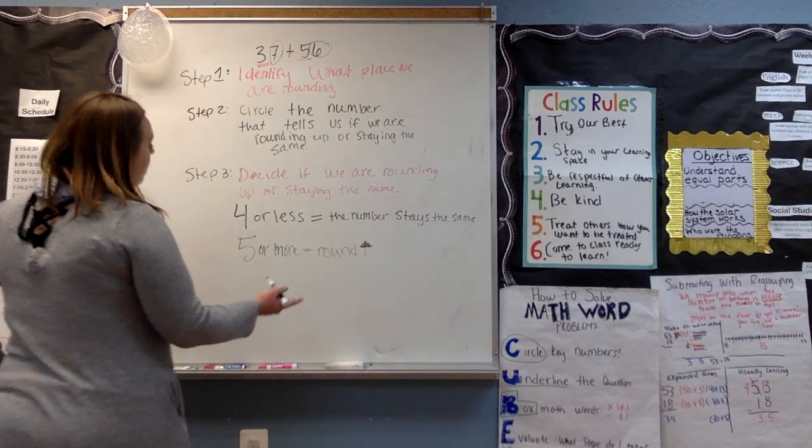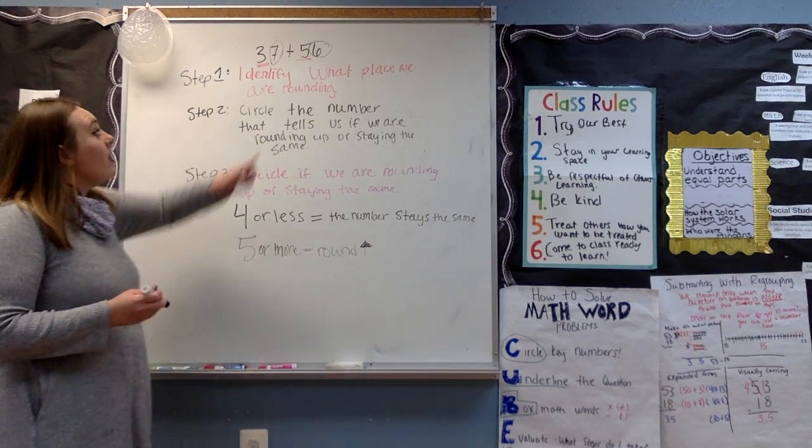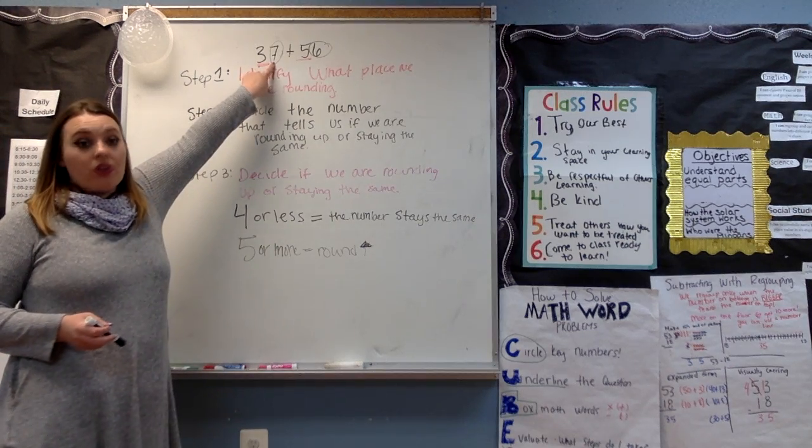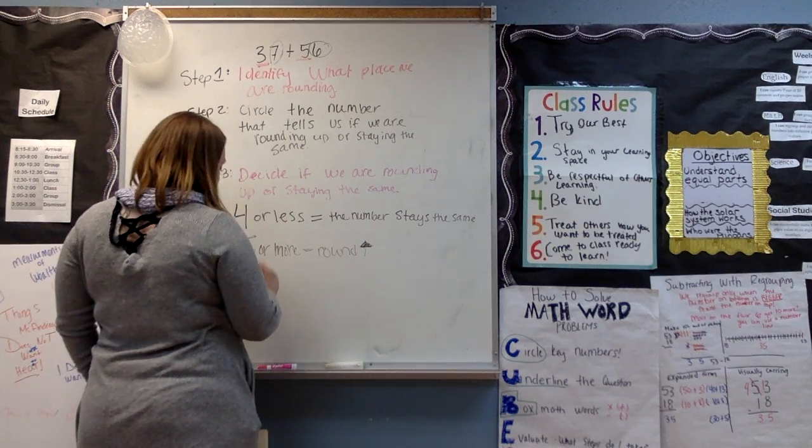So our problem is 37 plus 56. 7 is more than 4, so we're going to round 3 up to 4, right?